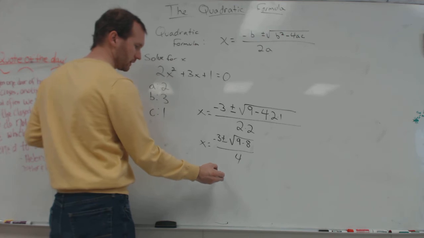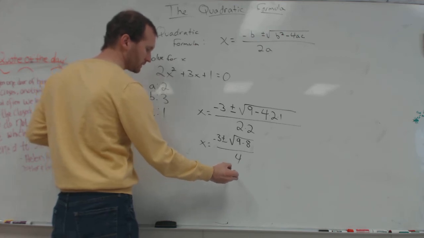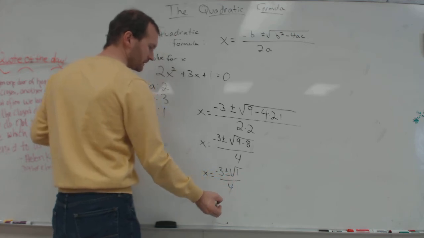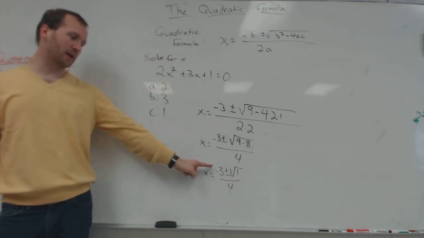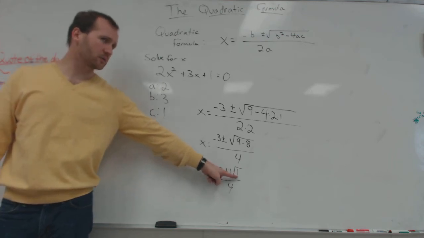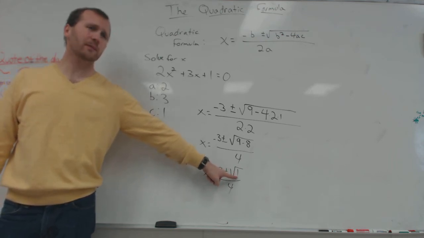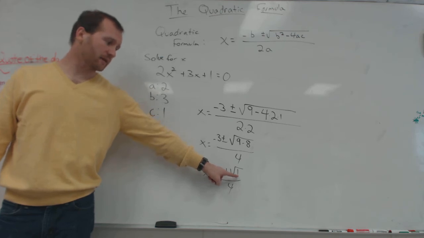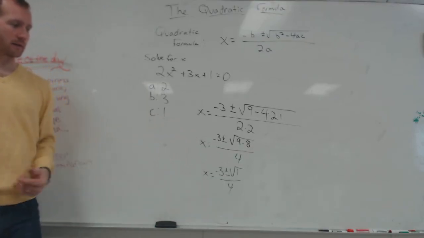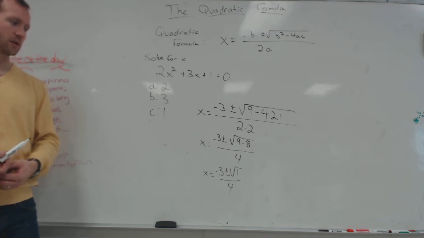X equals negative 3 plus or minus the square root of 9 minus 8 is 1 over 4. Sometimes you'll have to stop right here. Because if you have a square root that's not a perfect square, so if I had like a 5 here, that's as simple as I'm going to get this solution.